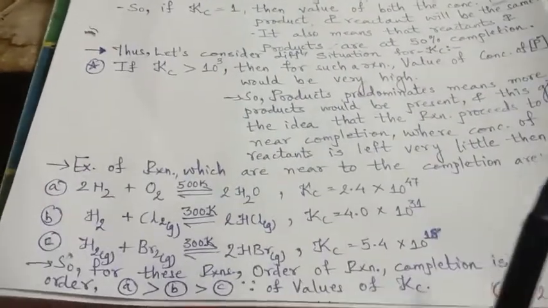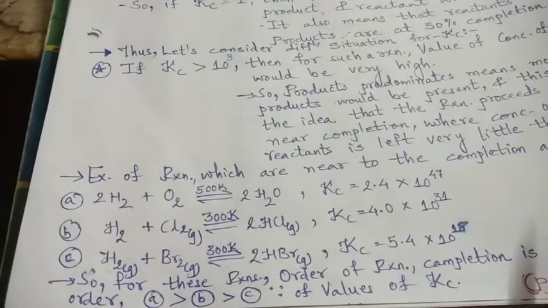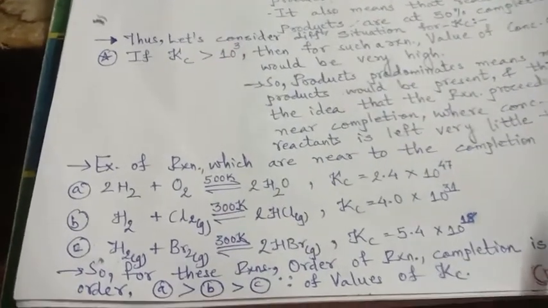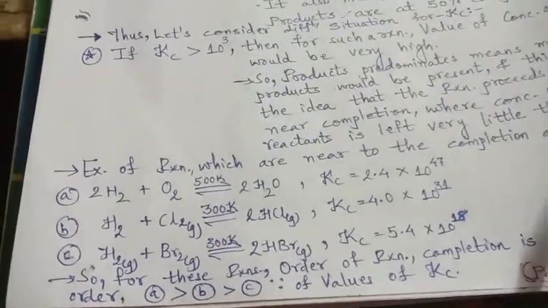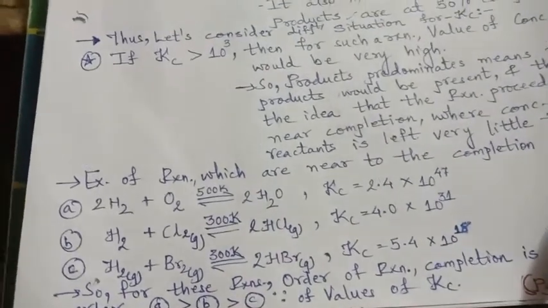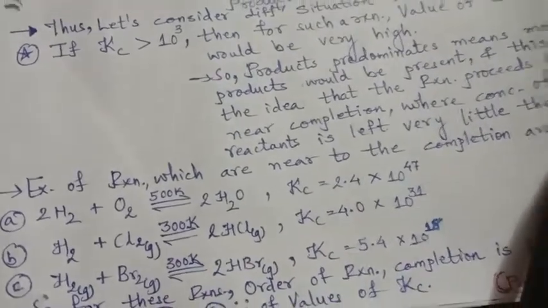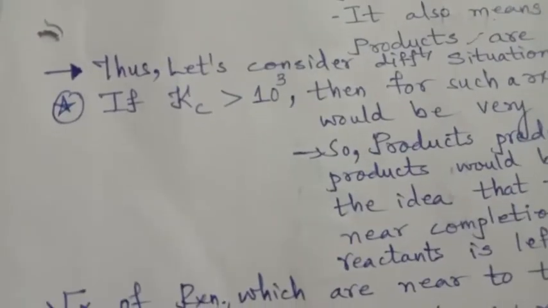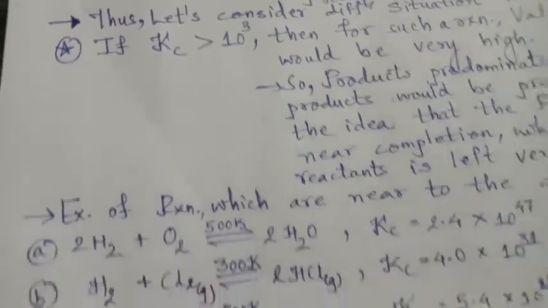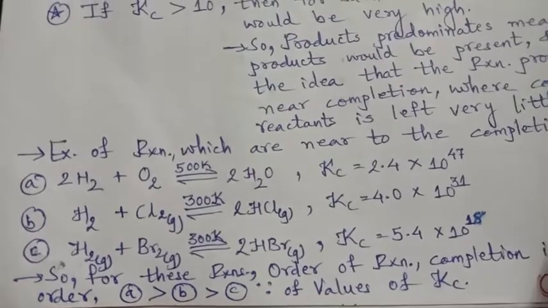Examples of reactions which are near completion are H2 plus O2 reacted at 500 Kelvin gives H2O, and if the value of Kc is calculated, it is 2.4 into 10 raised to power 47. See, our situation is Kc greater than 10 raised to 3. Now here you see 10 raised to 3 and 10 raised to 47.